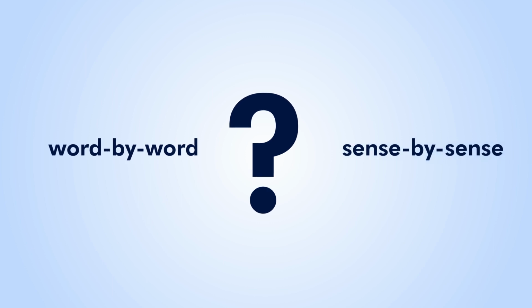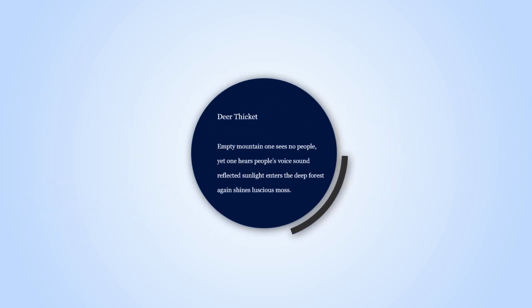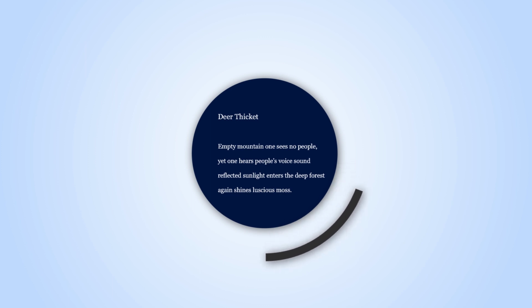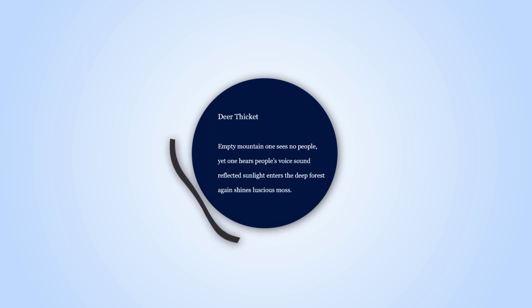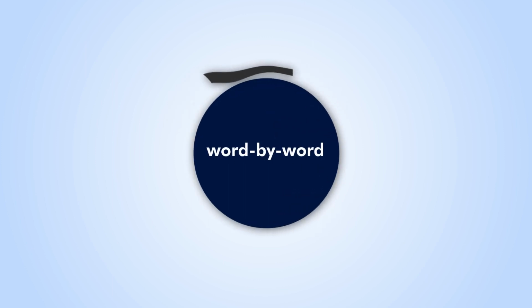So how can you tell if a translation is using a word-by-word approach versus a sense-by-sense translation approach? One way is simply to pay attention to how the translation sounds in its target language. If it sounds clunky or awkward with unusual syntax and confusing phrases, those may be clues that what you're reading is a word-by-word or literal translation.